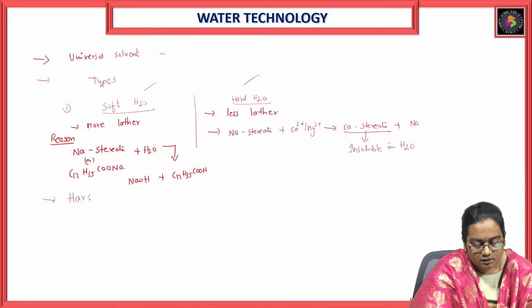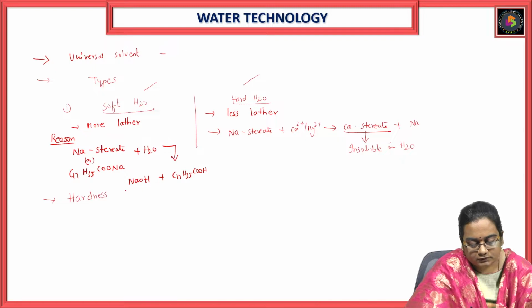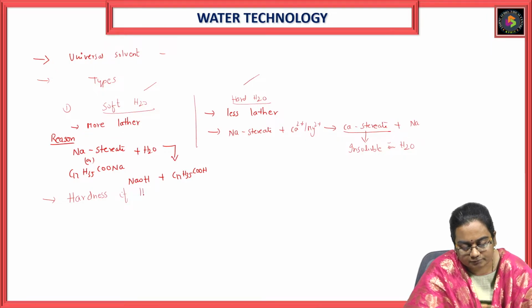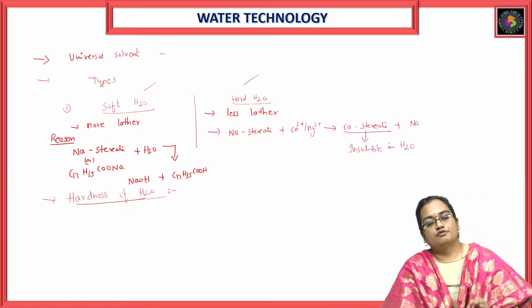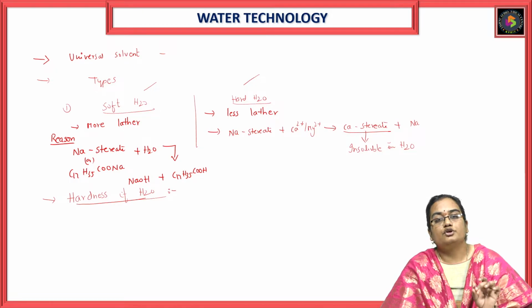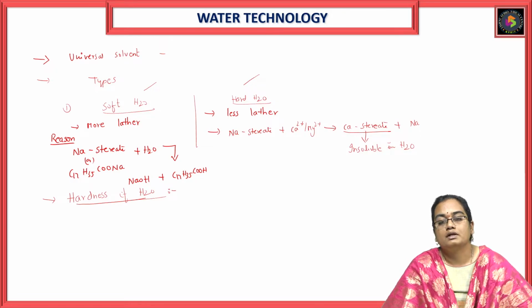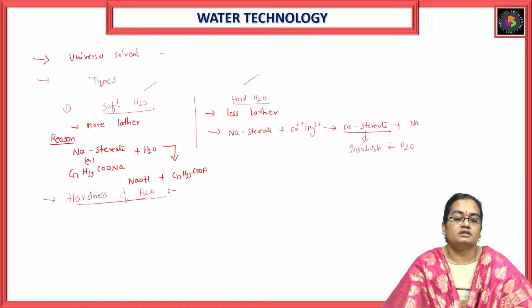Hardness of water. So what do you mean by hardness? Hardness of water is mainly caused due to the presence of calcium and magnesium salts. So what are the salts responsible?